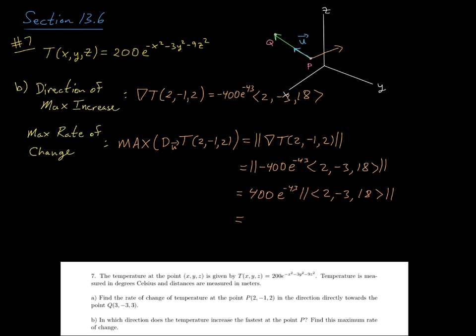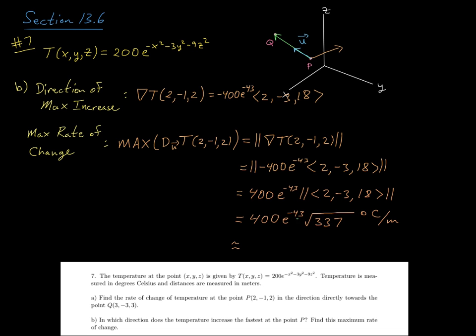Just to spare you the calculation, the magnitude of this vector is the square root of 337. So we're going to get 400 e to the minus 43rd power times the square root of 337. And the units there again would be degrees Celsius per meter.